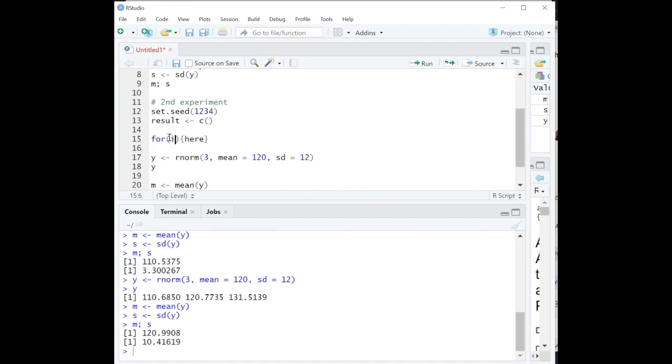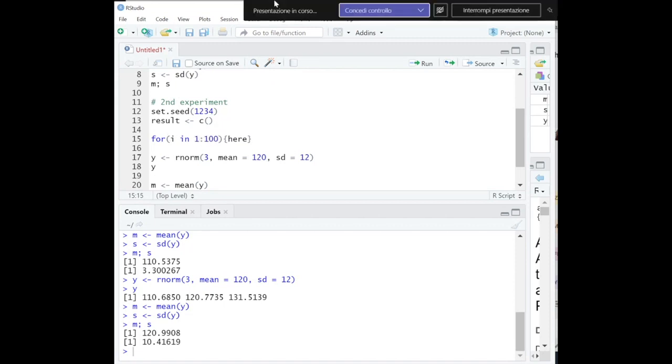I write here, i in 1 to 100,000. So what is happening here? I told R, do this while the index i goes from 1 to 100,000.